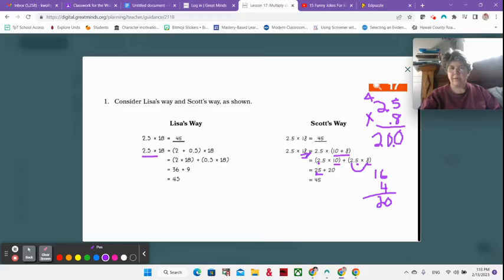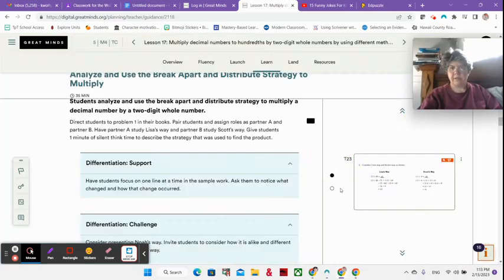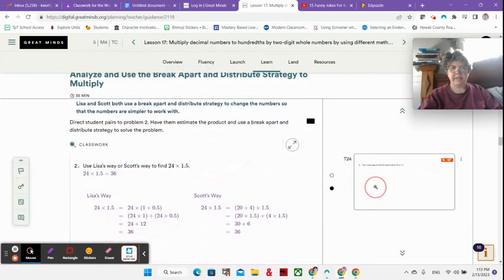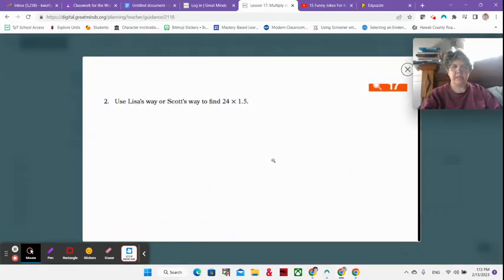Now I want you to think about which way you would like to do it. And as you can see on the bottom of page 157, it says use Lisa's way or Scott's way to do another problem. And I have that problem right here, and you have it right there in your book, 24 times 1 and 5/10.